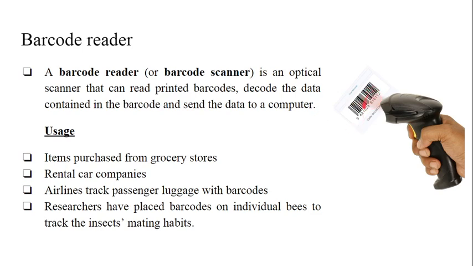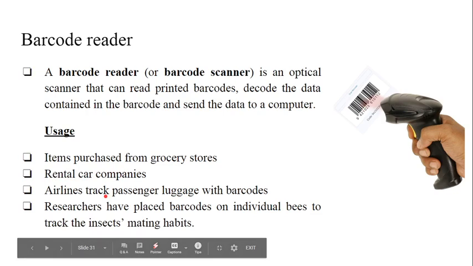Usually barcodes are used in grocery stores, rental car companies and in airlines to track passengers' luggage. Recently, researchers are using barcodes on individual bees to track the insects' mating habits.